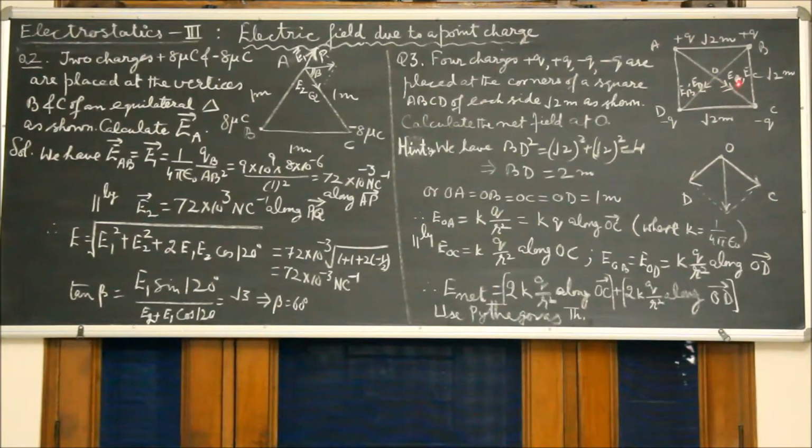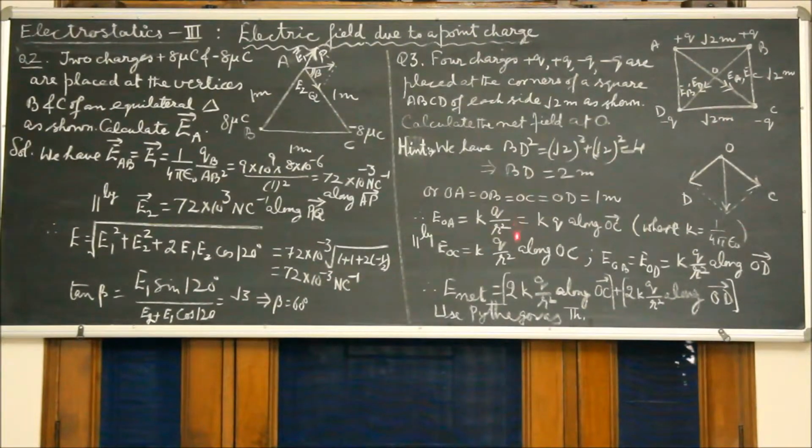Field due to A, let's call it EA. We can find out EOA equal to K Q over R square, where K is 1 over 4 pi epsilon naught. Since R, or the distance, happens to be 1 meter, so the field intensity comes out to be KQ. This is along OC as stated earlier. So net field at O due to A and that due to C will add up.